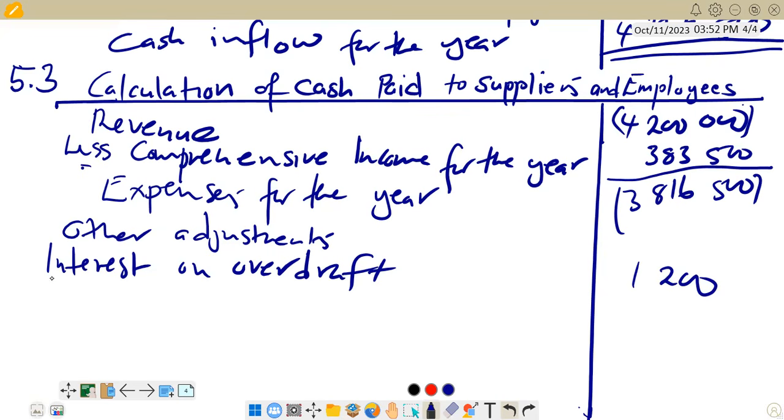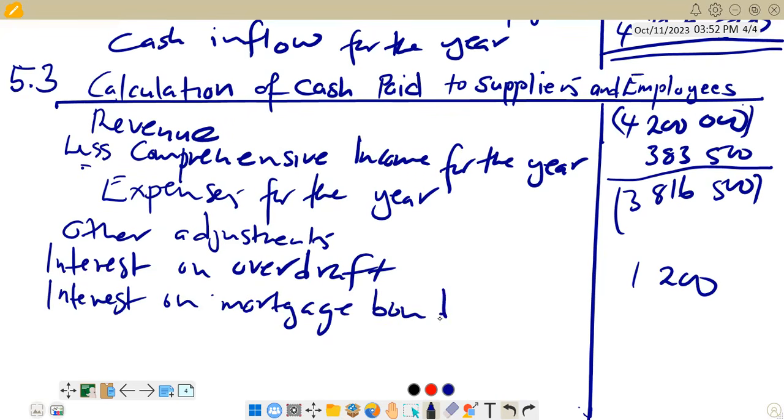Then interest on mortgage bond is 166,500.